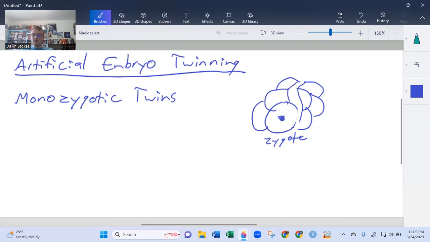Now, notice these two pieces, all of the cells in these two pieces came from the same fertilized egg. So each cell in both of these chunks is 100% identical to every other cell in both chunks. They're all copies of each other.